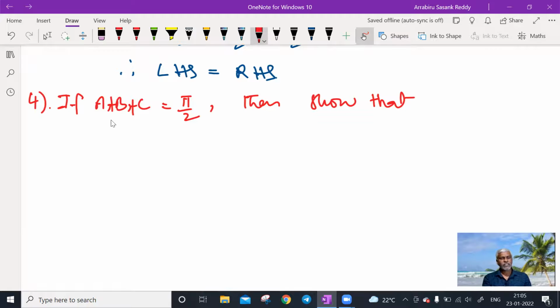Now the condition is A plus B plus C is 90 degrees. The condition is different. Here the condition is very, very important.